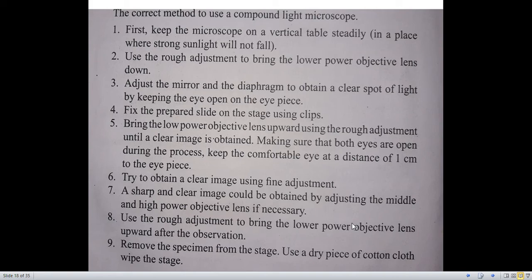A sharp and clear image could be obtained by adjusting the middle and high power objective lens if necessary. Use the rough adjustment to bring the lower power objective lens upward after the observation. Remove the specimen from the stage. Use a dry piece of cotton cloth to wipe the stage.